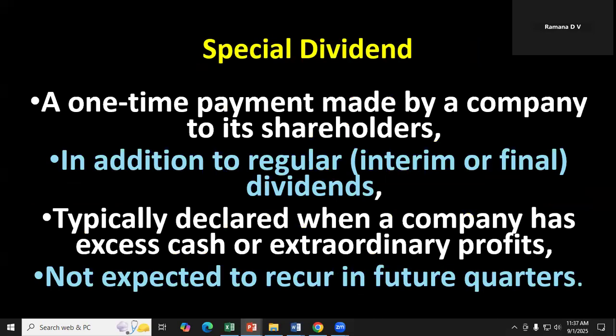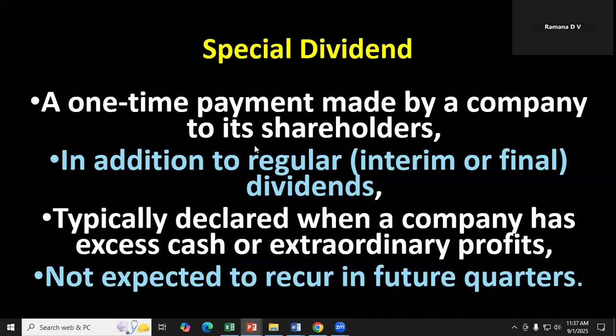There is a concept of special dividend. It's one type of interim dividend. Several companies, particularly companies with deep pockets and huge cash sitting on the balance sheet, often declare special dividend. And we'll see some cases of special dividend in Indian companies. This is a one-time payment made by the company to its shareholders.